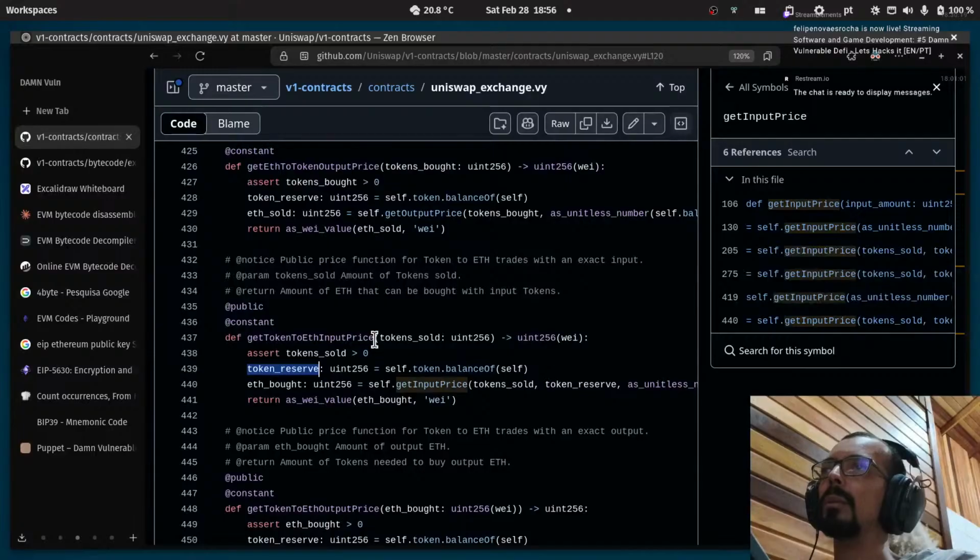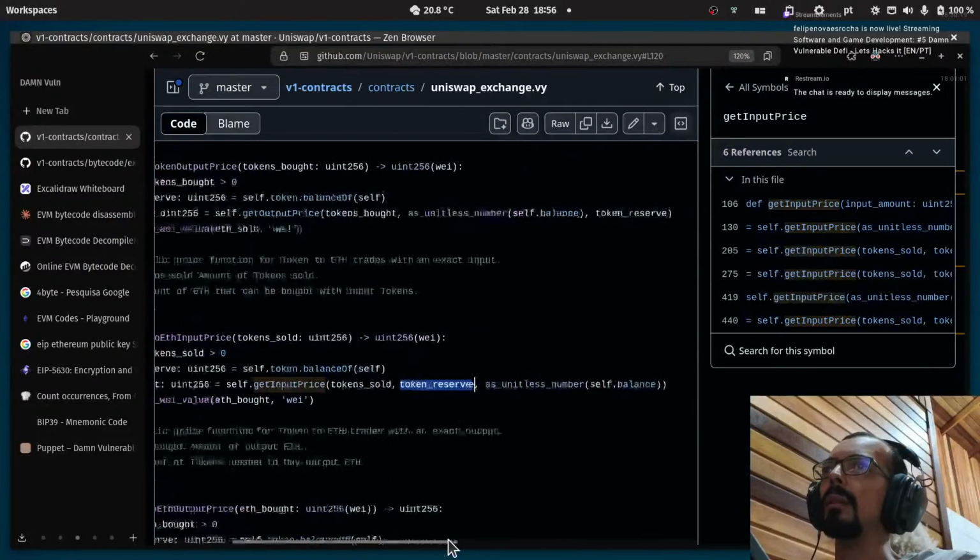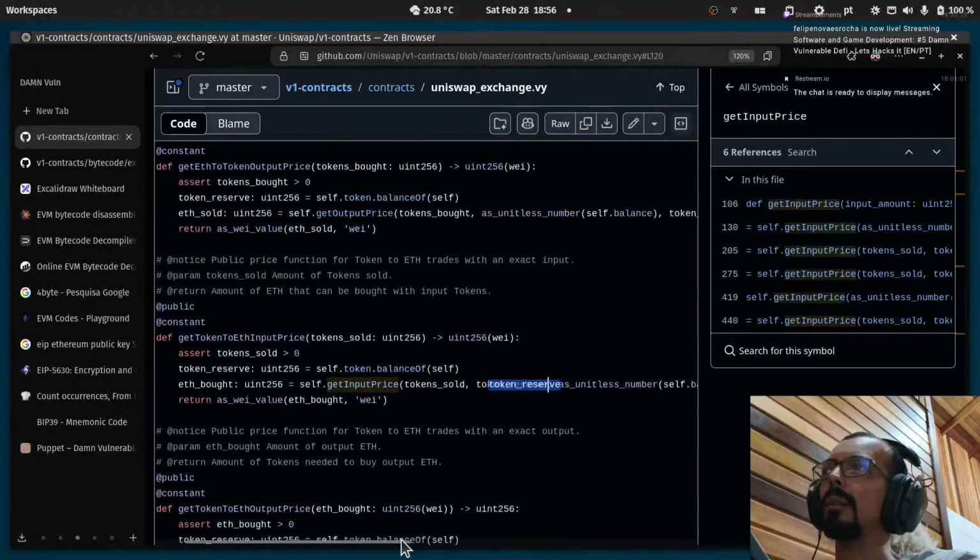That's a reserve. And you see I can modify the token reserve just by sending tokens to this. And here they're going to call get input price, passing the reserve, taking the balance, that's Ethereum, to tell me how much Ethereum I can get if I swap, right?